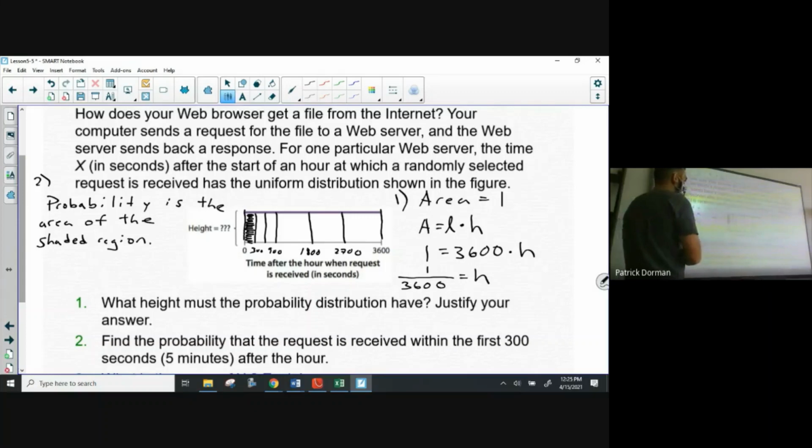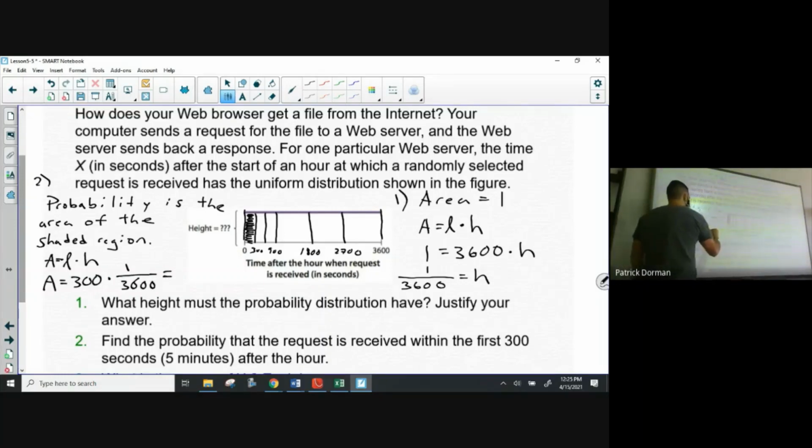Okay, what is that going to be? Well, it's length times height, right? Area, or in this case, probability equals length times height. Well, we already know what the height is, right? The length is 300, and the height is 1 over 3,600.